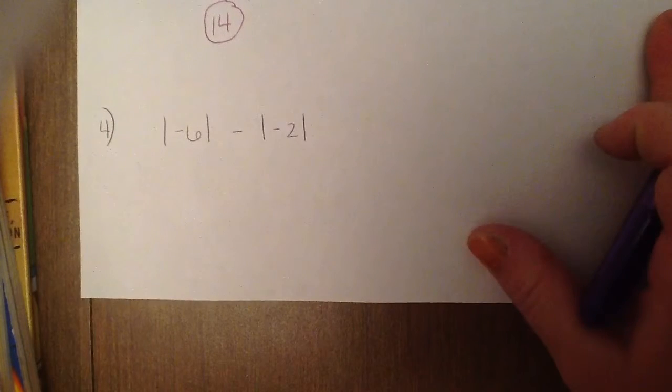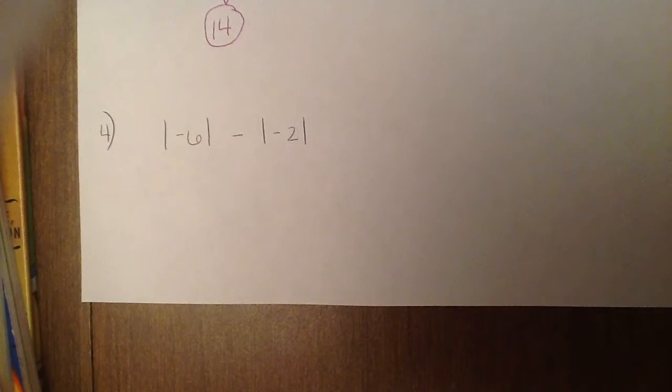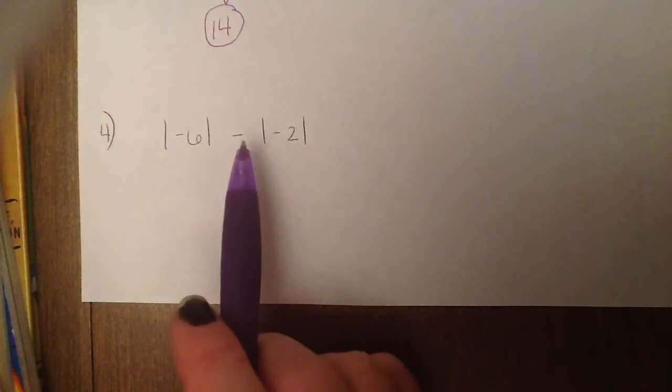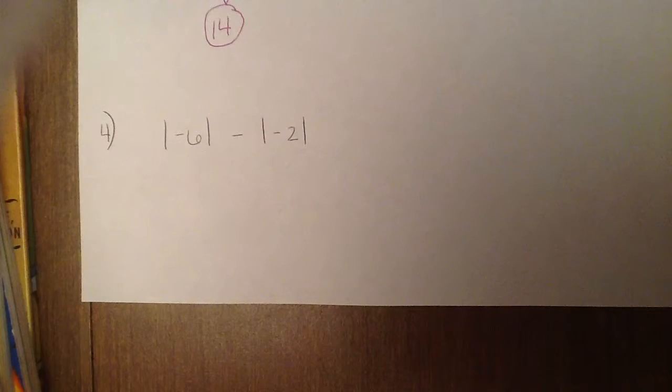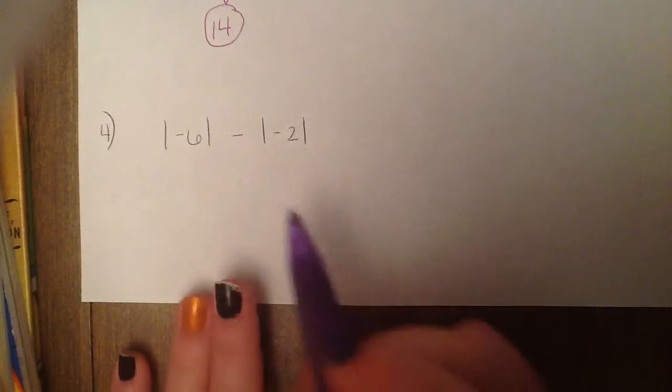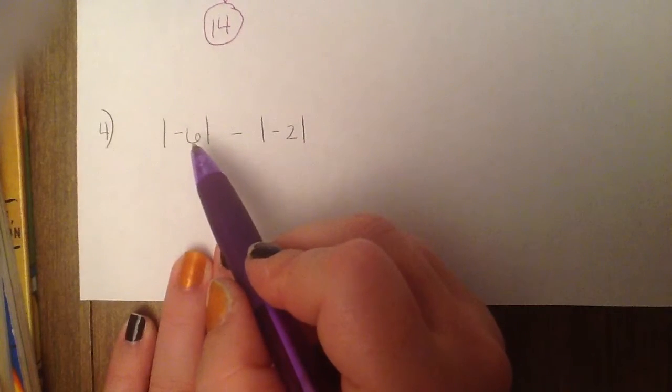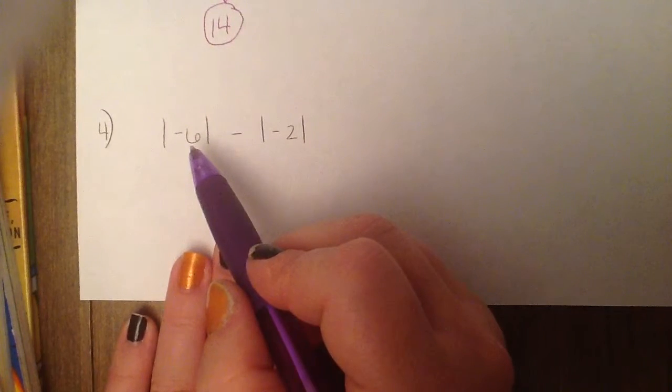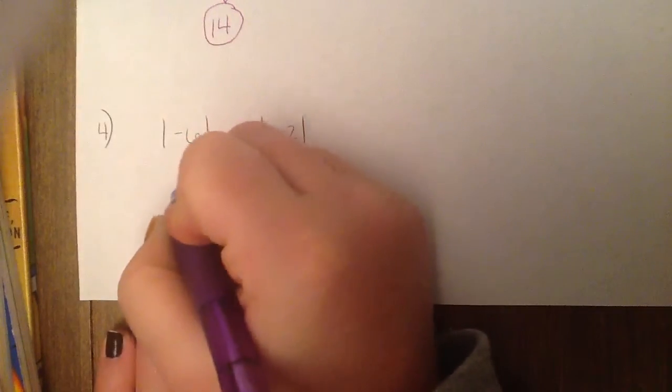Try this one on your own. Get rid of those absolute value bars first, and then subtract. Alright, let's see how you did. The absolute value of -6 is exactly +6.